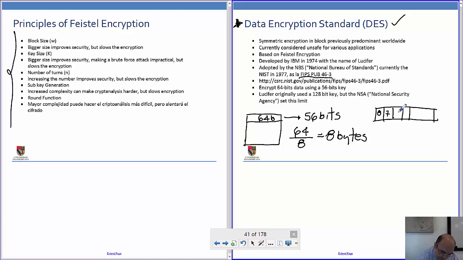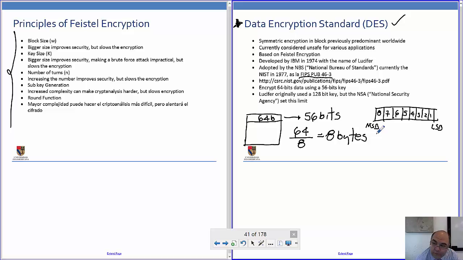This is 7, 6, 5, 4, 3, 2, and 1. Okay? This bit, we call it the LSB. What does LSB mean? Least significant bit. And this one, how do we call it? The MSB.